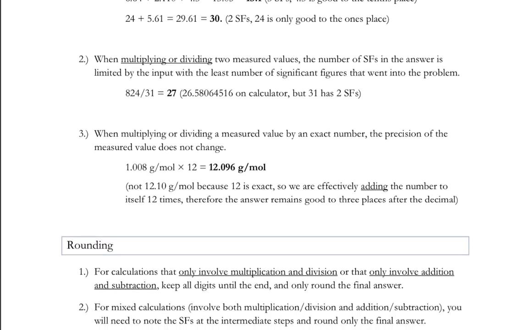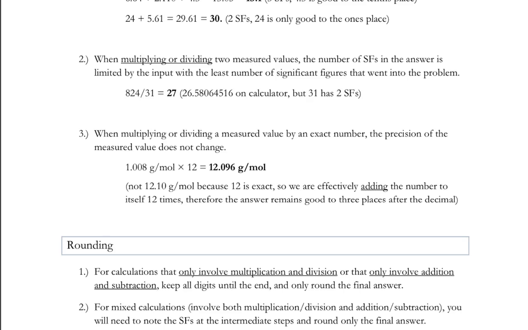In this example 3, if we are taking a number, a measured number, so it has a limited number of sig figs, and we're dividing by an exact number that somehow from other information we know is exact, then that exact number does not figure into the sig figs. That is to say, it has an infinite number.